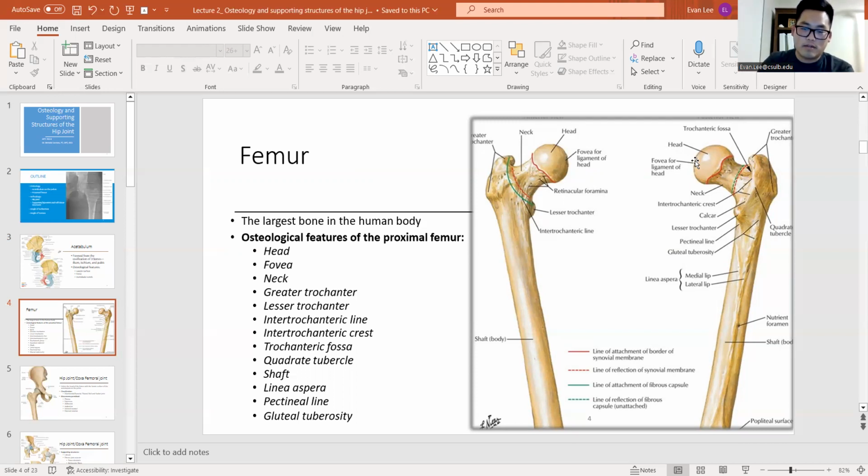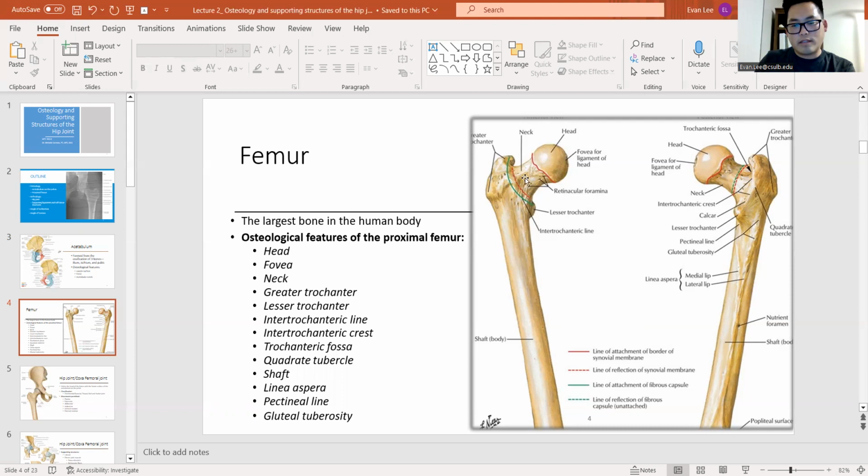So this is going to extend medially towards the acetabulum, and we'll see that there's going to be a ligament attached there, but that little depression is called the fovea. So very similar to how you saw a fovea of the radius, like that small little cup at the top of the head, it's the same thing, but in this case, you can see that it's right at the end of the head of the femur.